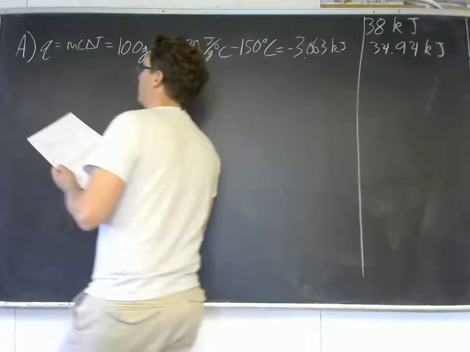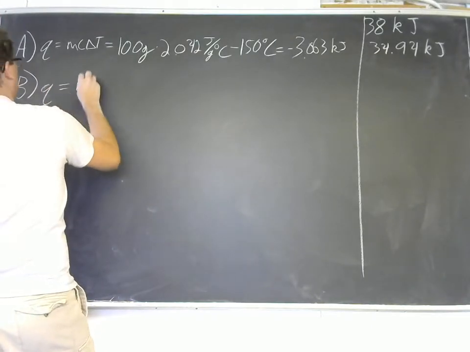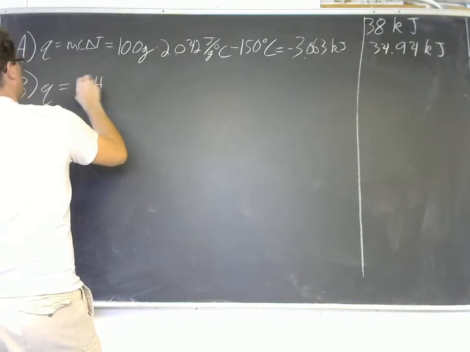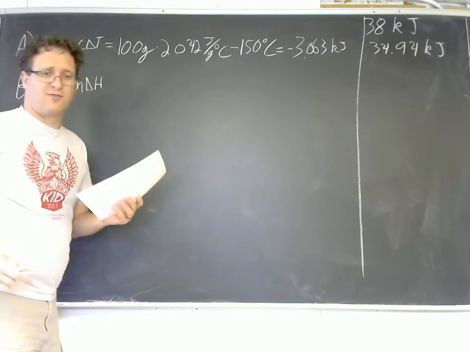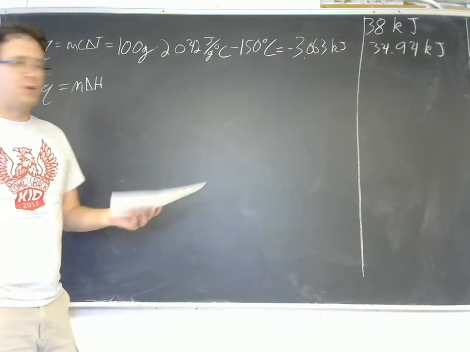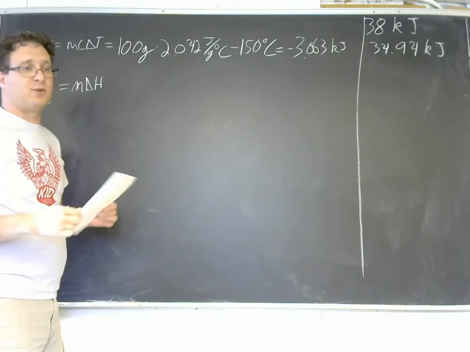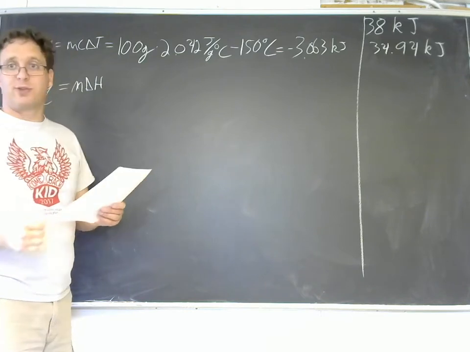Step B was a phase change. So here we'll just use Q is equal to m delta H. We could convert our 10 grams of water into moles and use the molar amounts. Well, let's just use the amount by mass that is in the table, table 12.3, and it'll be much easier.